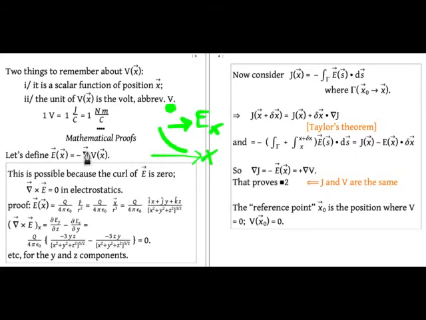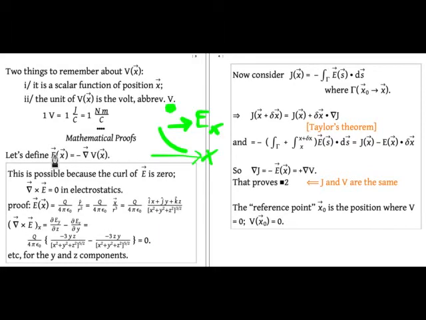It's like the cross product between a vector with itself is always 0. The cross product of the gradient with the gradient is always 0. So if we write E in this way, then it's necessarily true that the curl of E is 0. You can't write E in this way if the curl of E is not equal to 0.